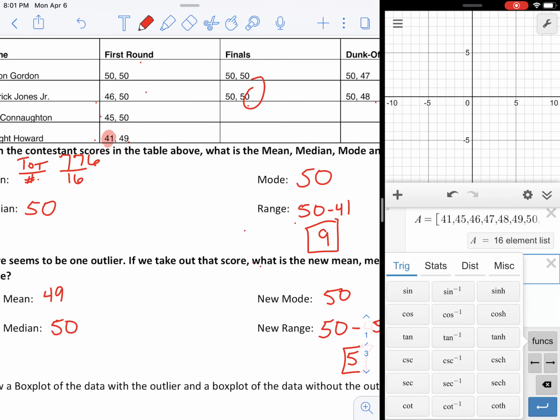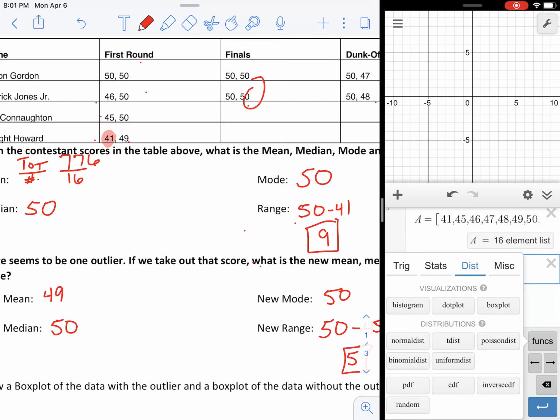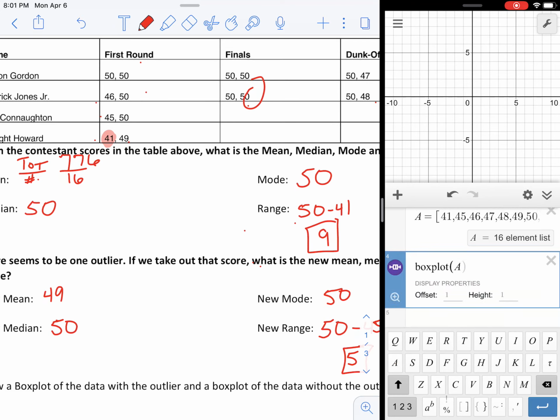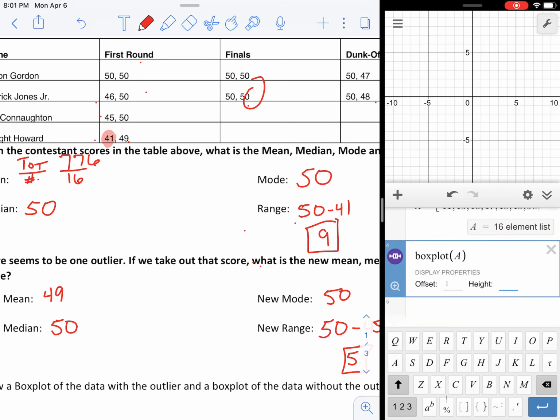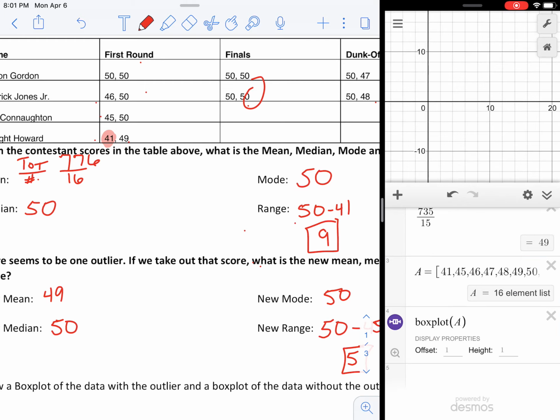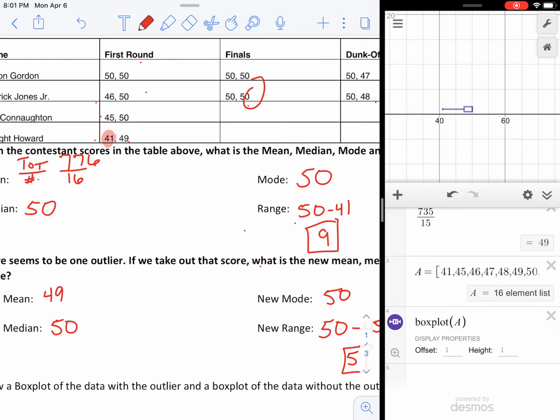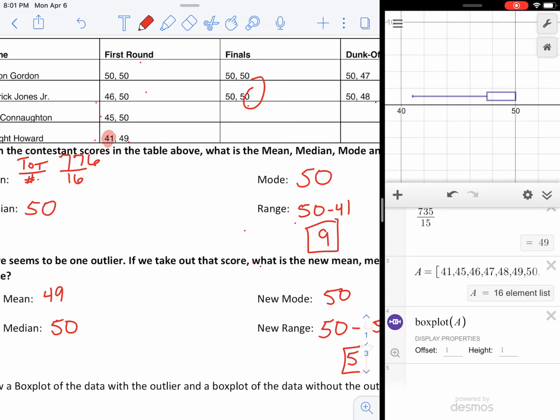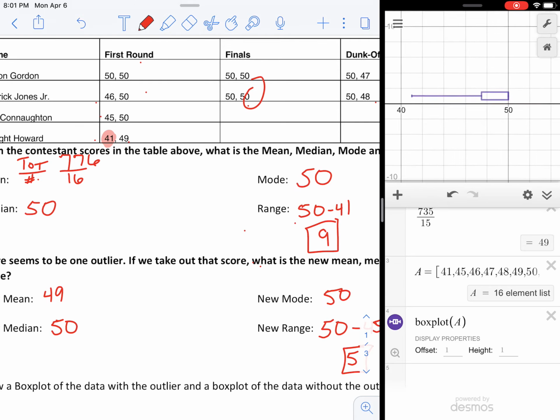Now, remember, if you go into functions, you can click over into distribution, click box plot, label A, and height 1, that's good. Now if we scroll over, you can see our box plot. Notice there is no top because we have so many at 50.